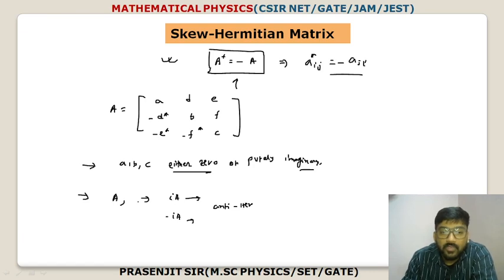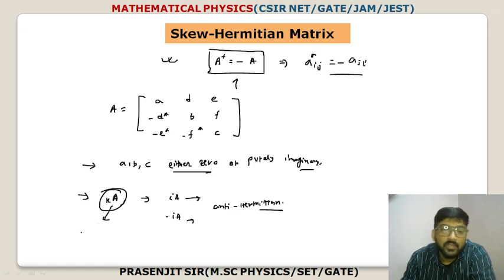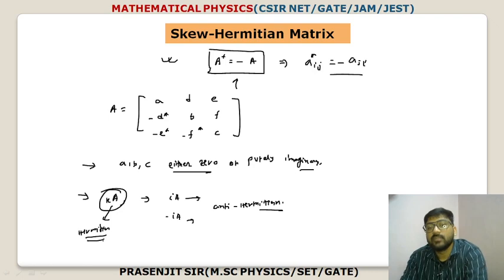If you multiply the A by I or minus I, then the matrix will be anti-Hermitian. Okay, but if you simply multiply by a scalar number k, then it will remain Hermitian. So you should remember this simple kind of thing that we will use. This property will be used also for eigenvector eigenvalue problem later.